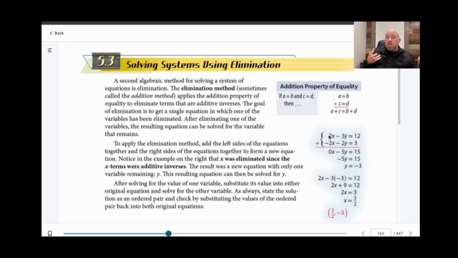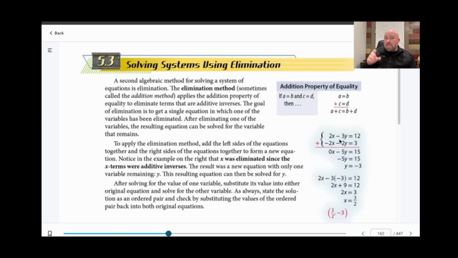Remember, when we move the x to one side and the y to the other side, if we add the exact same thing but with the opposite sign, then it just cancels, it goes away. Look what happens. If we were to add the 2x and the negative 2x, we get 0x. It goes away. It eliminates itself. That's the goal. That's what we're trying for.